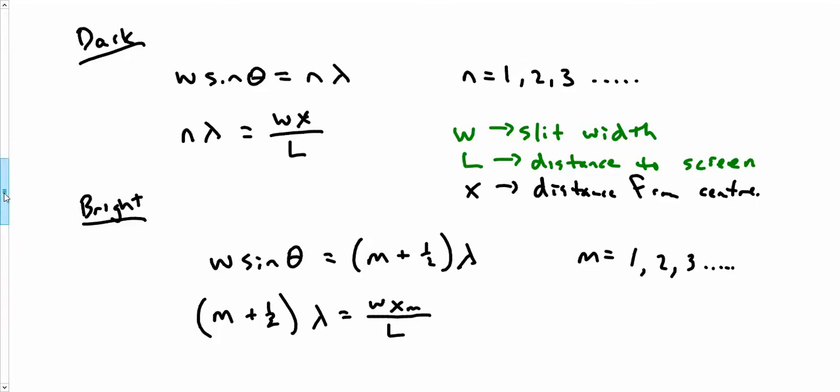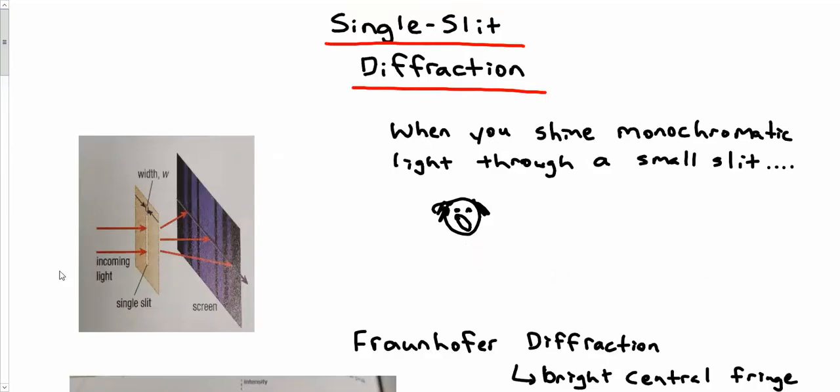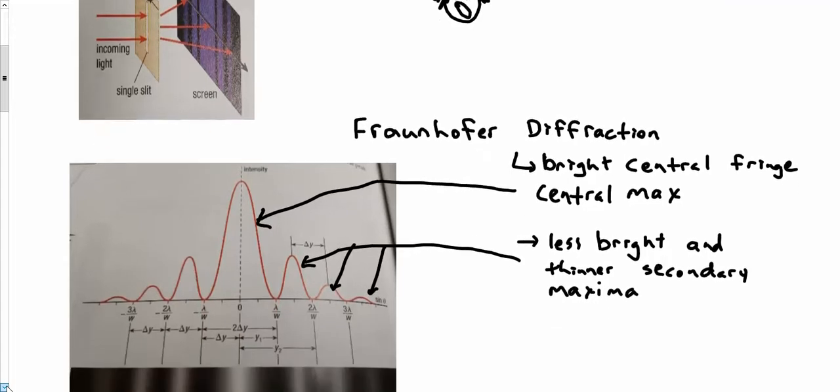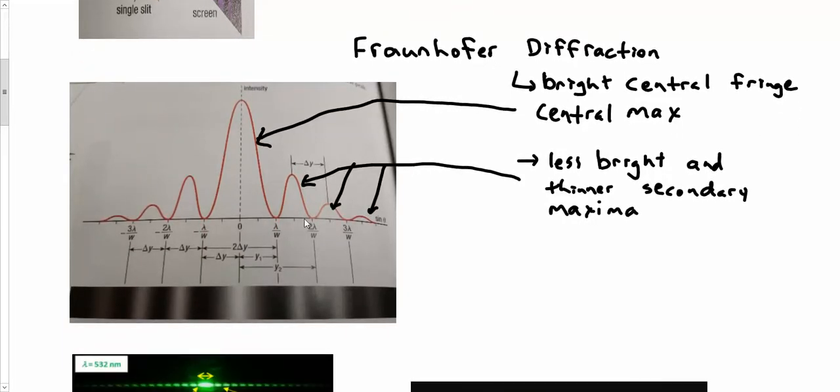If I go back up to this very important diagram, when I'm talking darks, this is 1, this is 2, and this is 3. Now when I'm talking brights, we don't talk about the central; it's not given a number. This is number 1, this is number 2, and this is number 3.